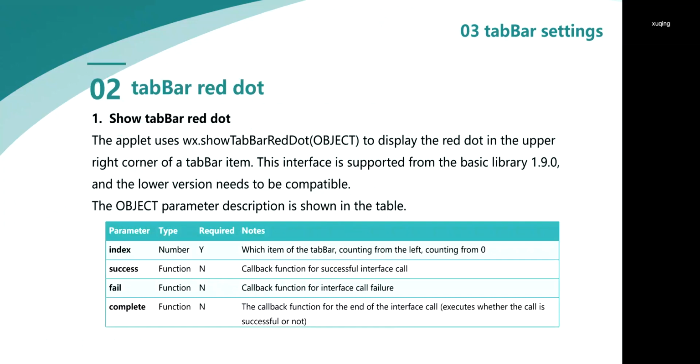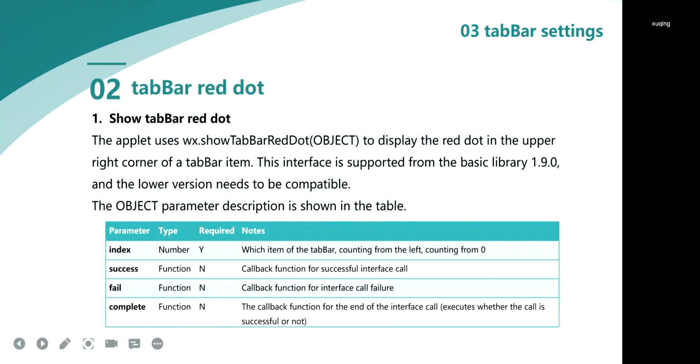You see we have these 4 parameters: index, success, fail, and complete.